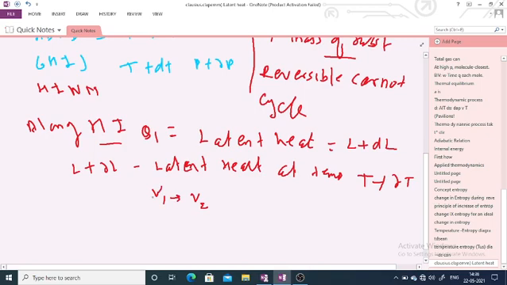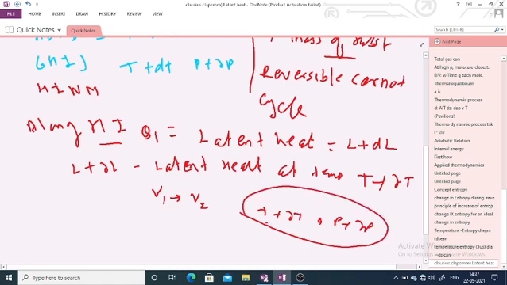So there is a change in the entropy. This is isothermal and isobaric, because during this process T and P plus dP both remain constant. Temperature constant is called isothermal, and pressure constant is called an isobaric process.